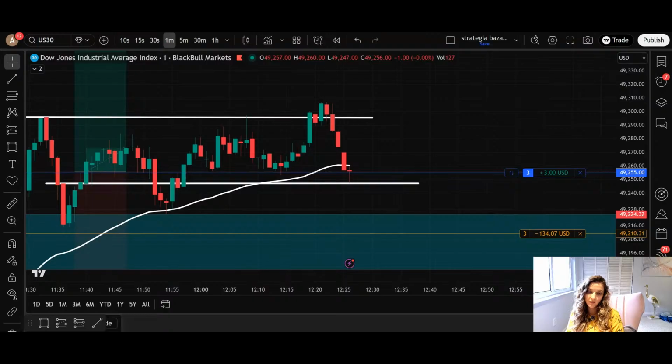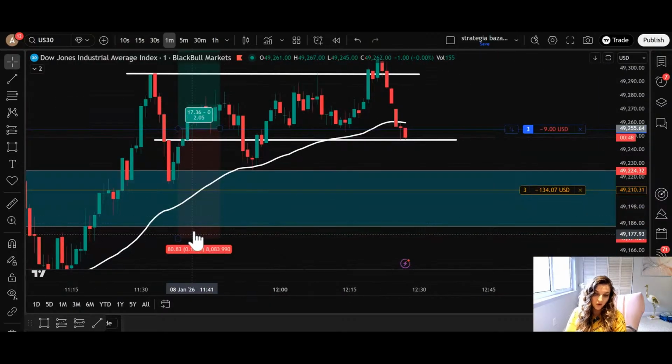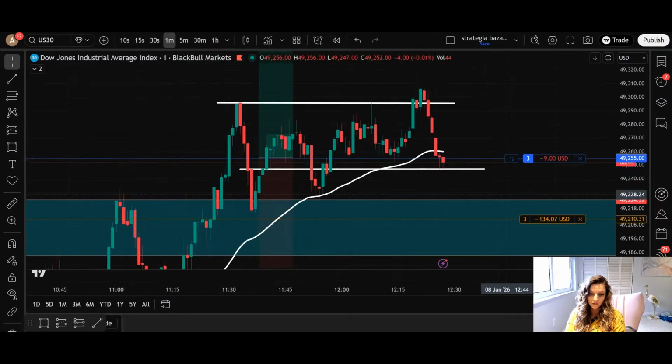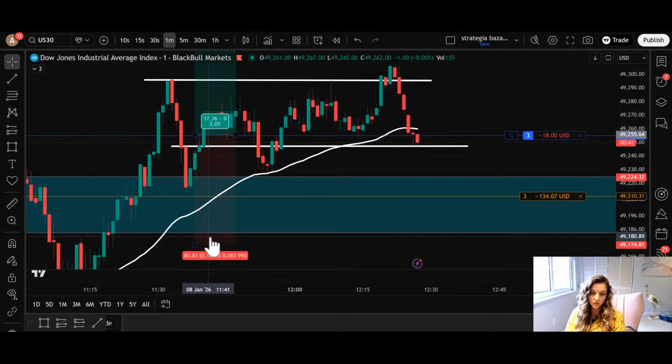You think it's gonna hit the stop loss? It's gonna hit anyway. The stop loss, I moved it. Remember, guys, I moved the stop loss. The initial was below this area.